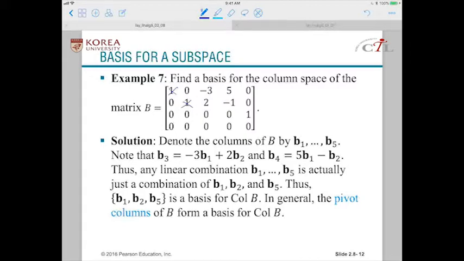So here, you guys know that the column space is basically a span of these 5 columns, right? But we have to remove the linearly dependent columns, so that way we can obtain our answer for the basis of the column space.